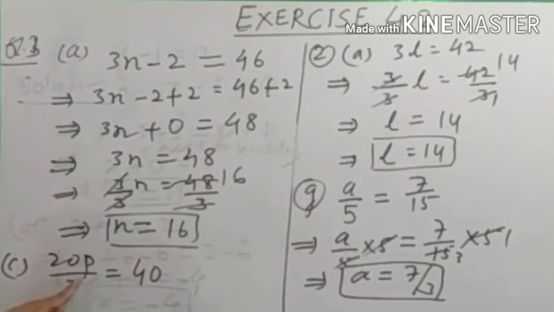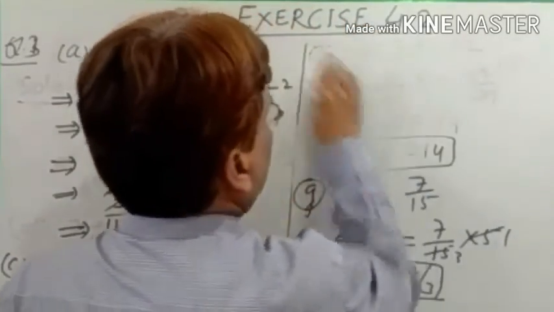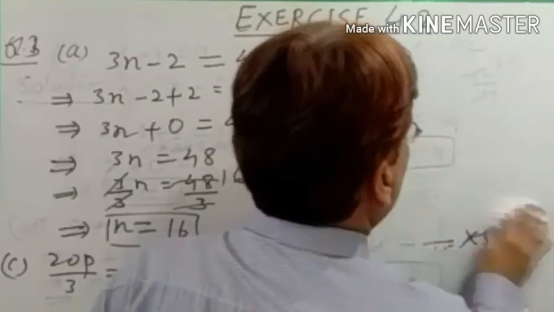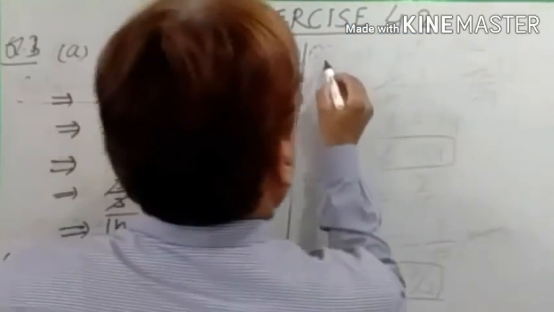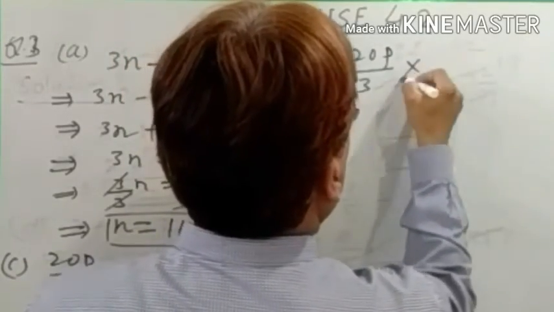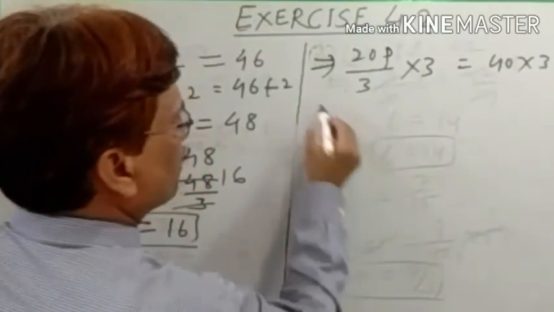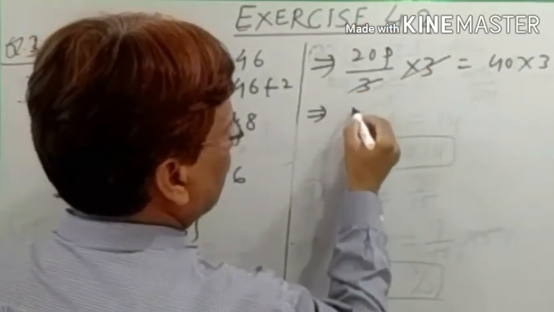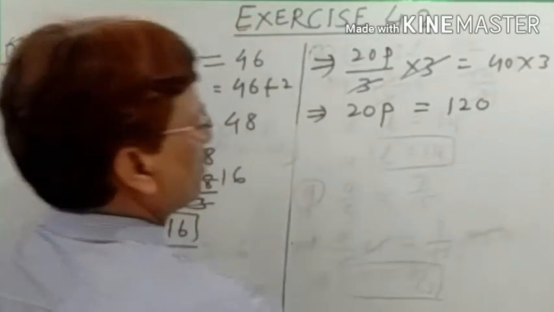First we have to multiply by 3 on both sides. p upon 3 multiplied with 3, 40 into 3. 3 cancels. 20p is equal to 120.